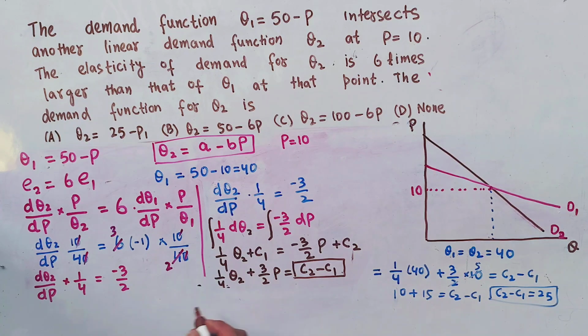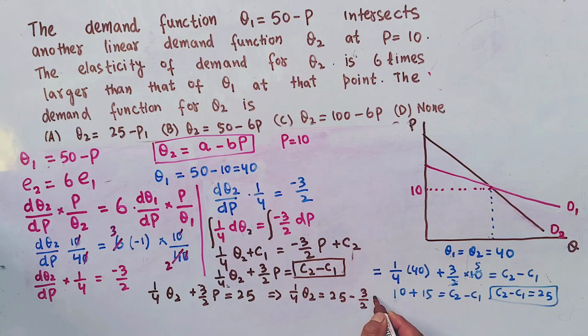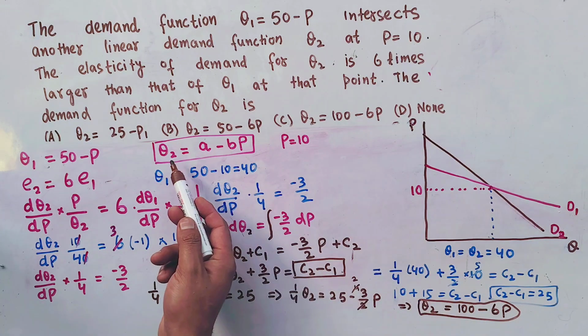So we have 1/4 Q2 plus 3/2 P equal to 25, which implies 1/4 Q2 is equal to 25 minus 3/2 P, or Q2 will be equal to, transposing this 4, it gets multiplied, 4 times 25, which is 100, minus 4 times 3/2, which is 6, times P. So we have this demand function Q2 = A - BP.